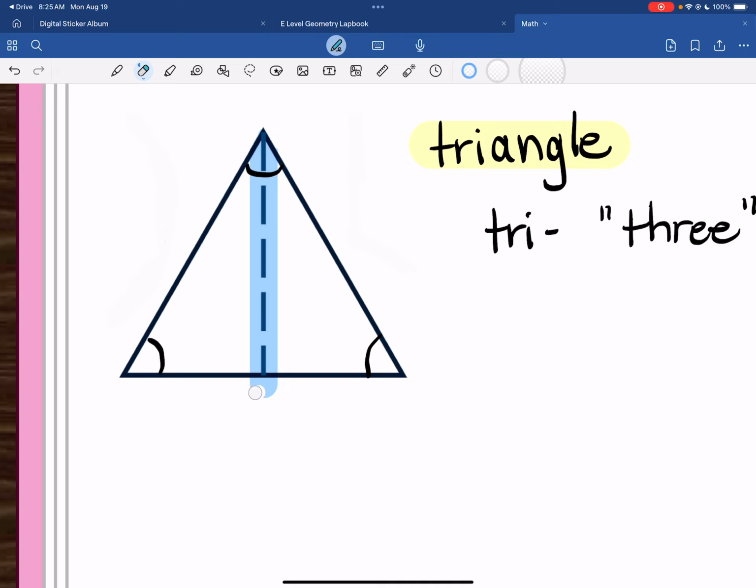For example, if this were a garden, you would not have this line up the middle. It's just there to show you the height of this triangle, how tall the triangle is. It's not actually part of the triangle. It's just there to show you a measurement.